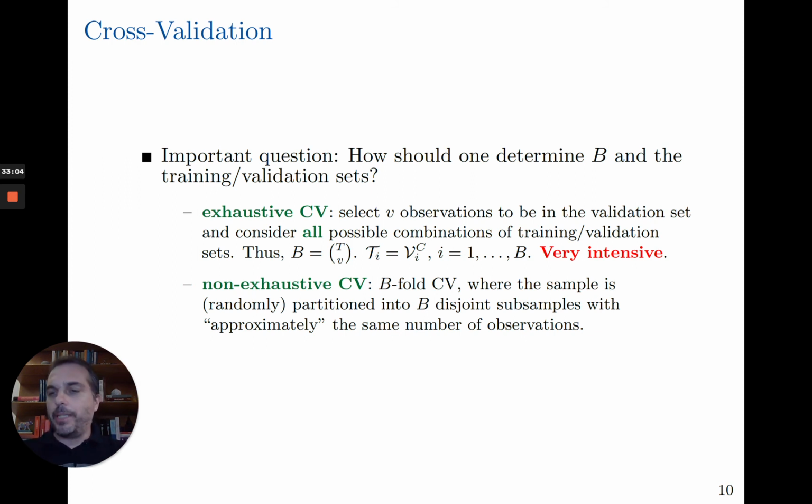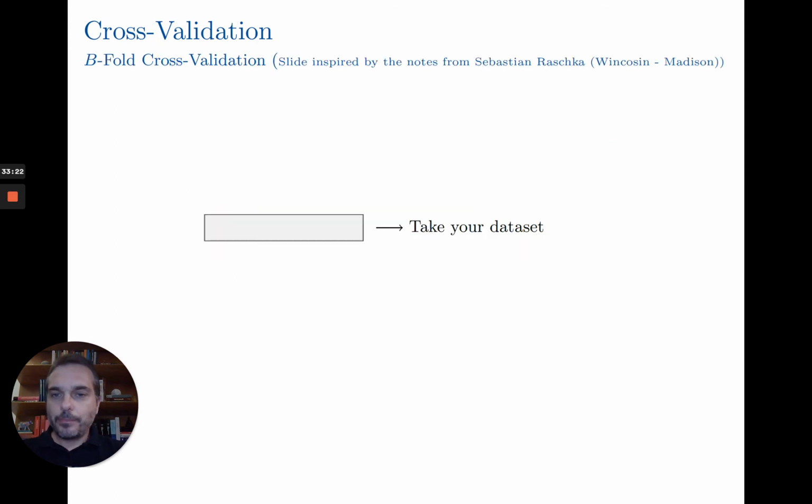We'll try to keep this number balanced, of course, but you have to divide your T sample into B disjoint sets. Sometimes one specific subsample may have more or fewer observations than the others, right?